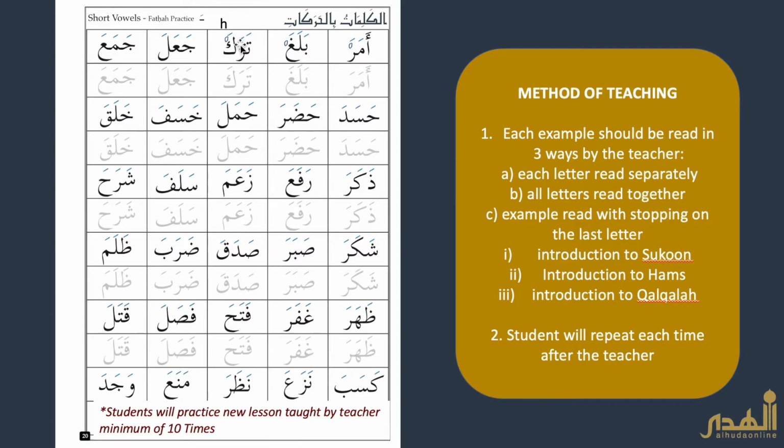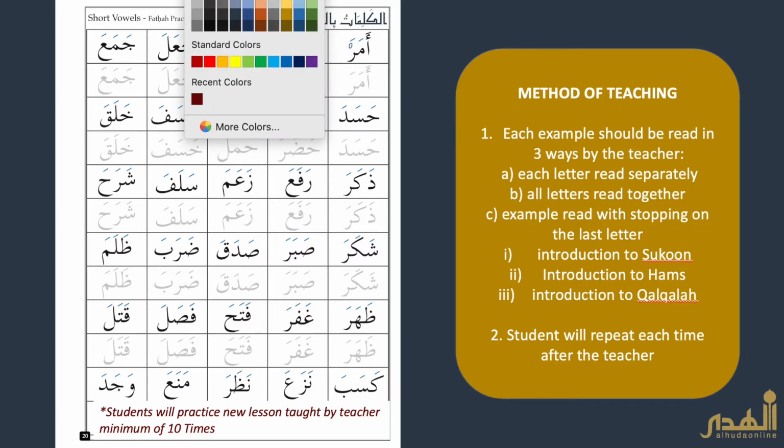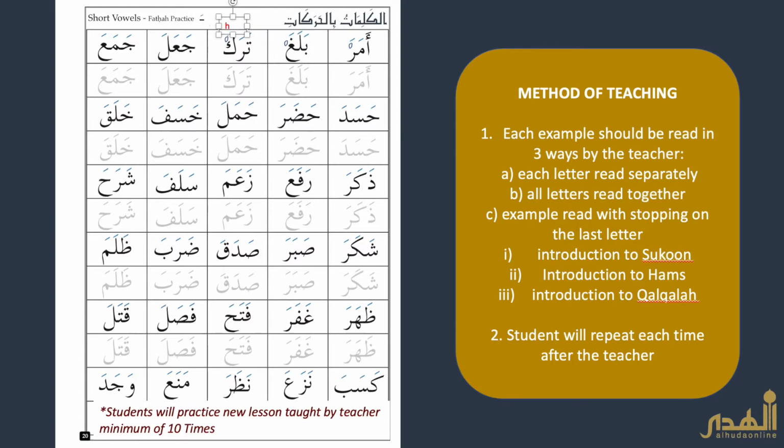You can ask the students to mark that there's a hams here, and hopefully if they have studied it in sifat, that's great, but if they have not, that's okay as well, and you can just let them know. So that stands for hams, H. When they're stopping on the word, only when they're stopping, you will say tarak.